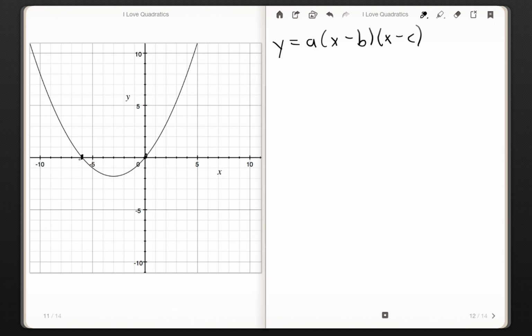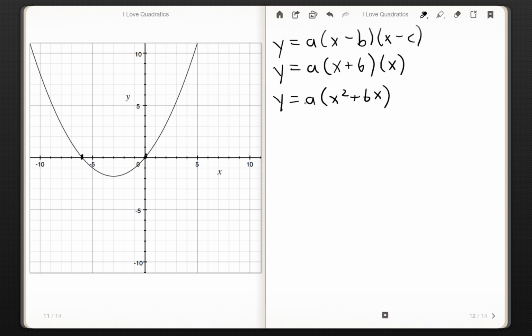So the roots are -6 and 0, so we'll get x minus -6 is x plus 6, and x minus 0, which is just x. And we can simplify this out a little bit. A times x squared plus 6x.